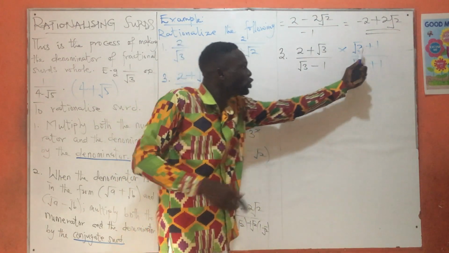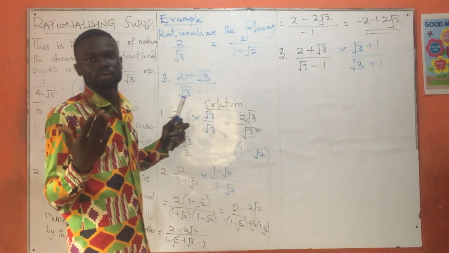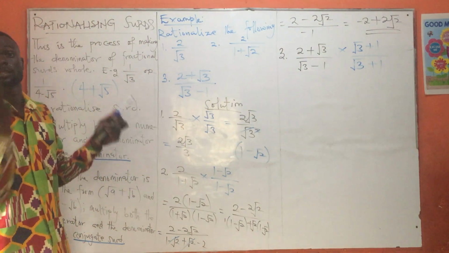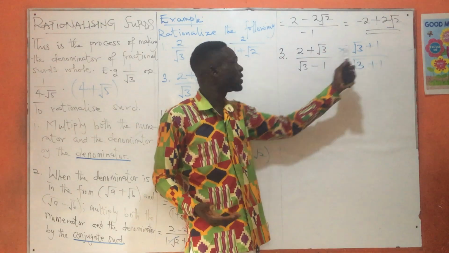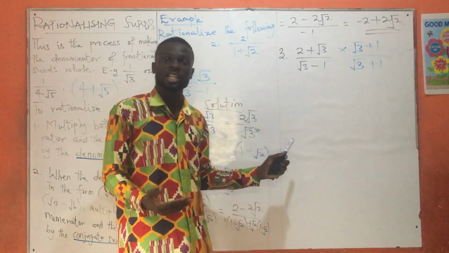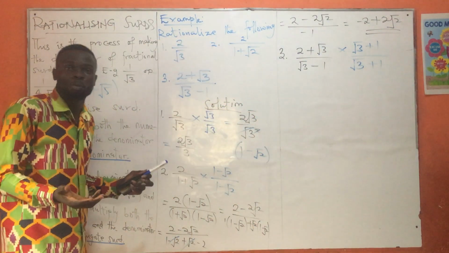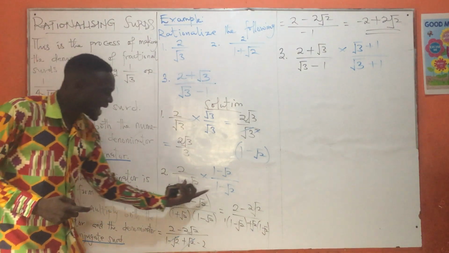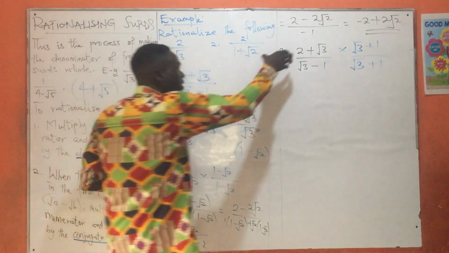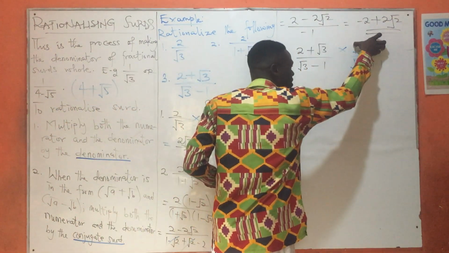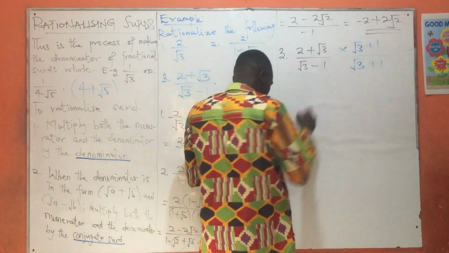So this is the conjugate surd. All you change is the sign. So if it is negative, you change the sign to positive, then you multiply. If it is positive, you change to negative, then you multiply. The same idea we did for the first one is the same thing we are going to apply. So this is multiplying this, and this is also multiplying this.